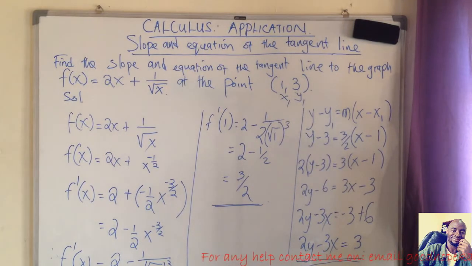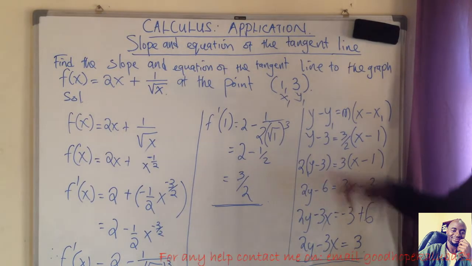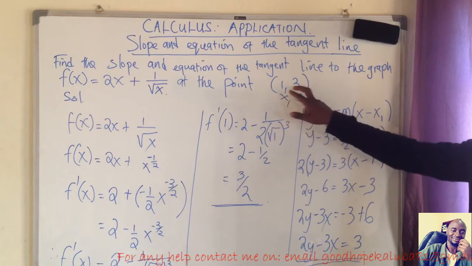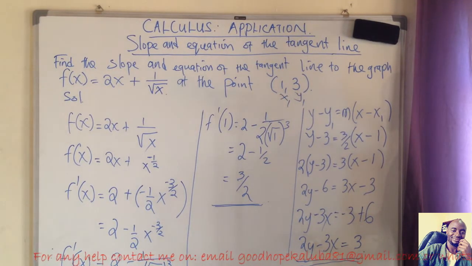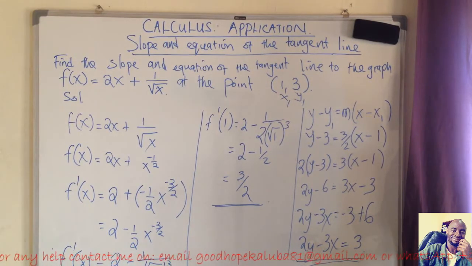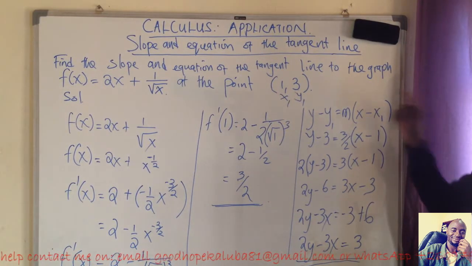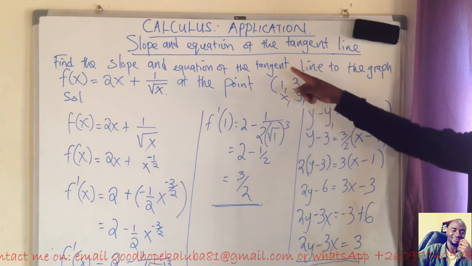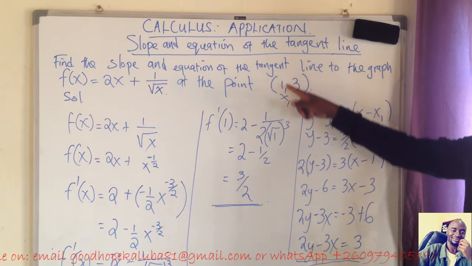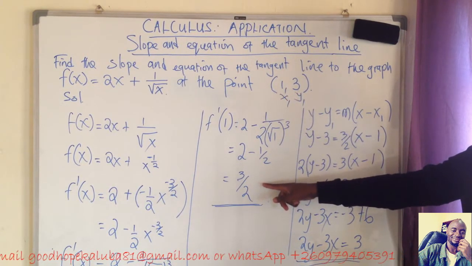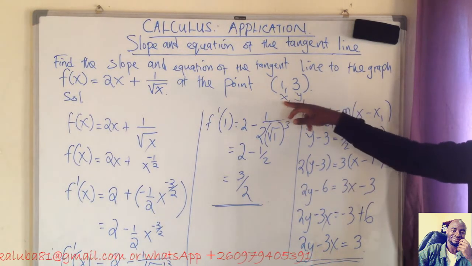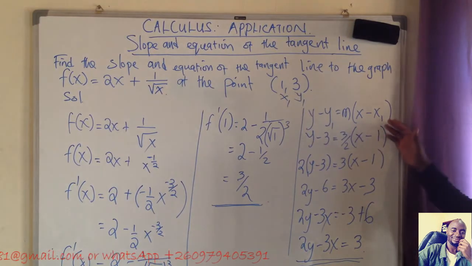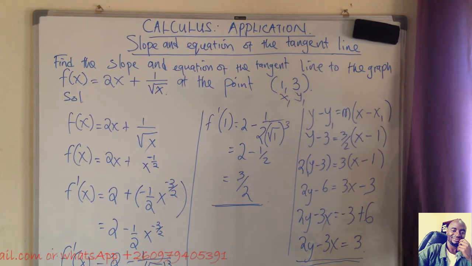But if it is an implicit equation, wherever there is x and y, you are going to put these two values and find the value for the gradient. After you do that, the gradient at that point is equal to the gradient of the tangent. So using this point and the gradient that you've calculated, you're going to use the gradient one-point form, which is this equation, to find the equation of the tangent.